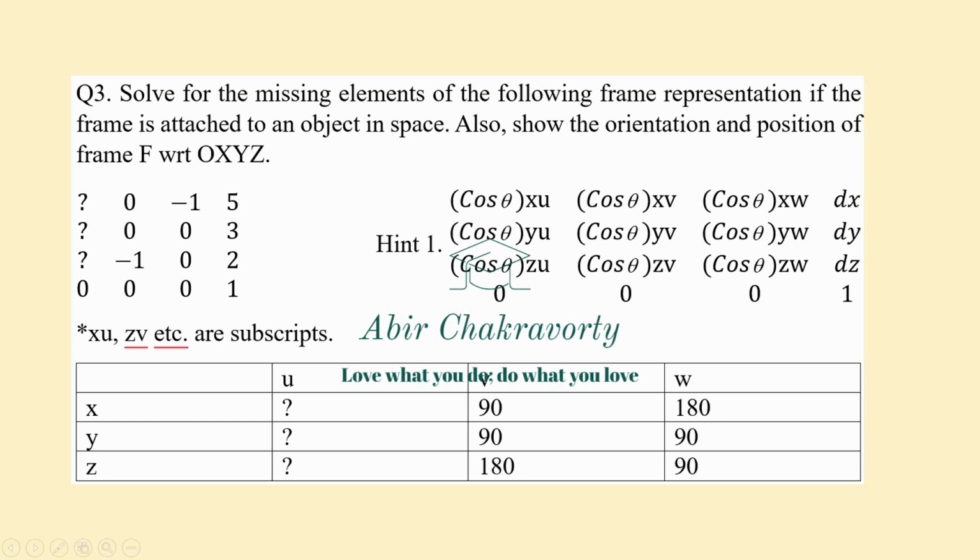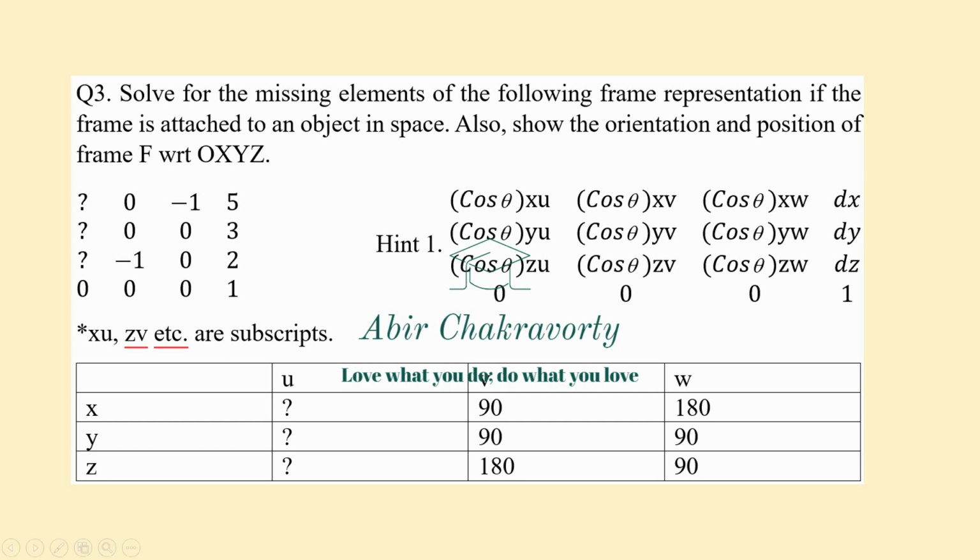So this 4 cross 4 matrix can be represented as cos theta XU. If I take the other axis apart from XYZ, the other axis is UVW, then cos theta XU, cos theta XV, cos theta XW.